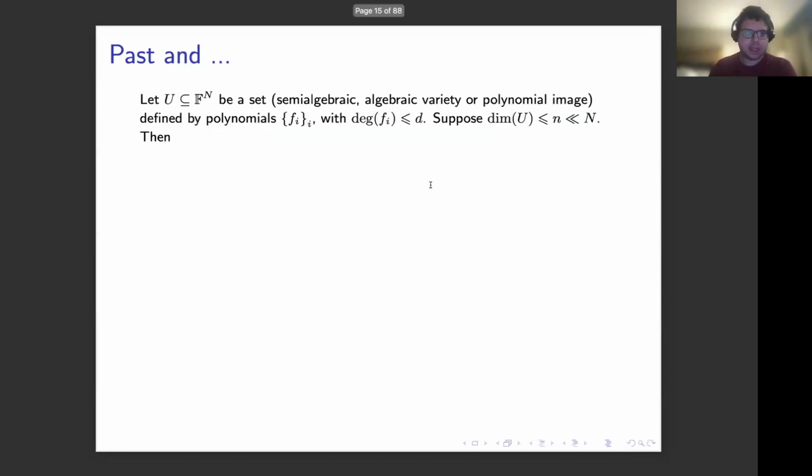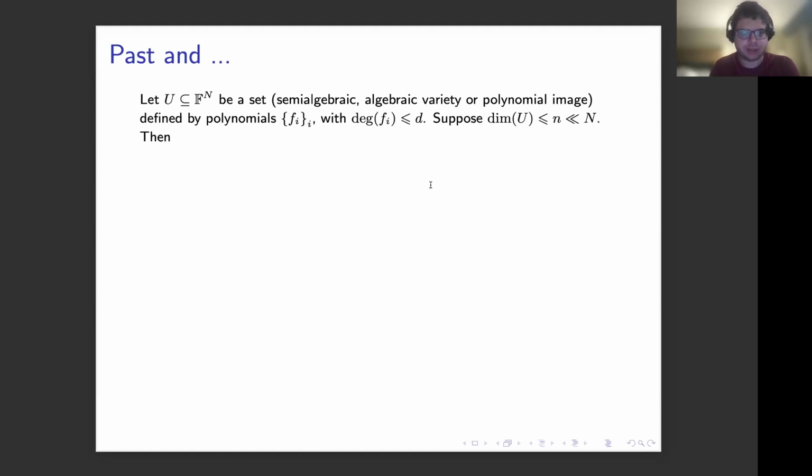Thanks. Okay, let me just jump to the technical contribution here. U here is a set in F to the n, where F is either the real numbers or the complex numbers.